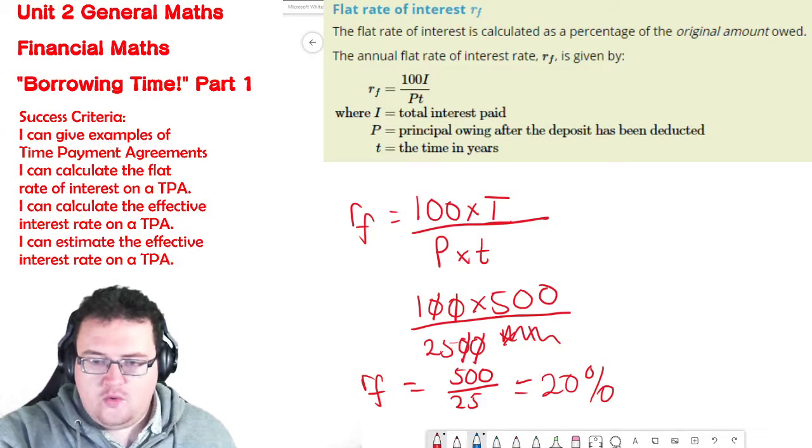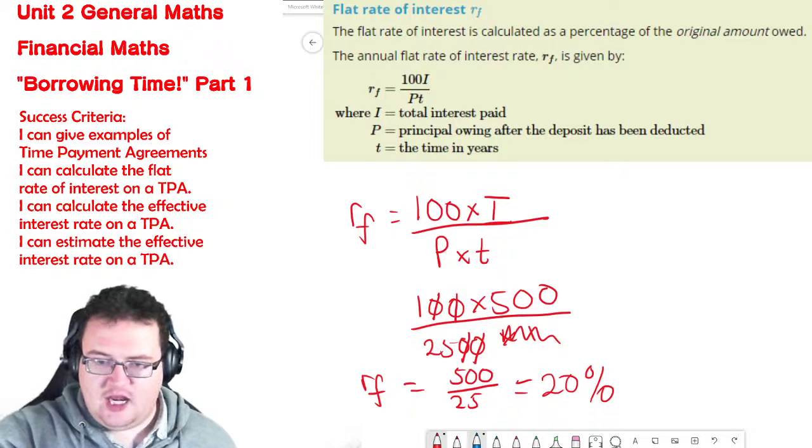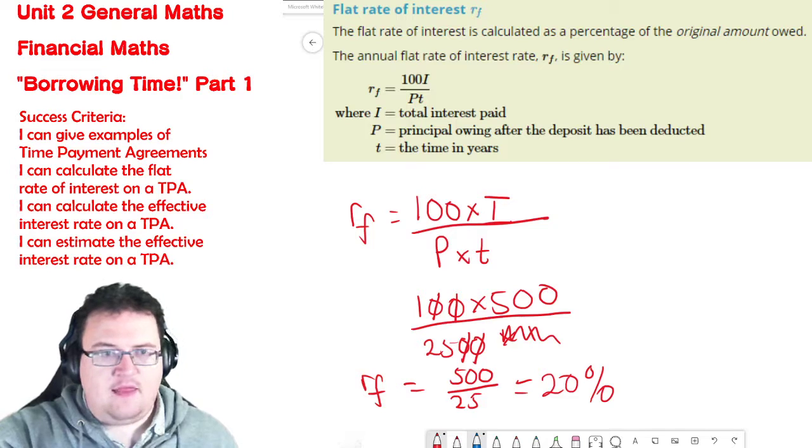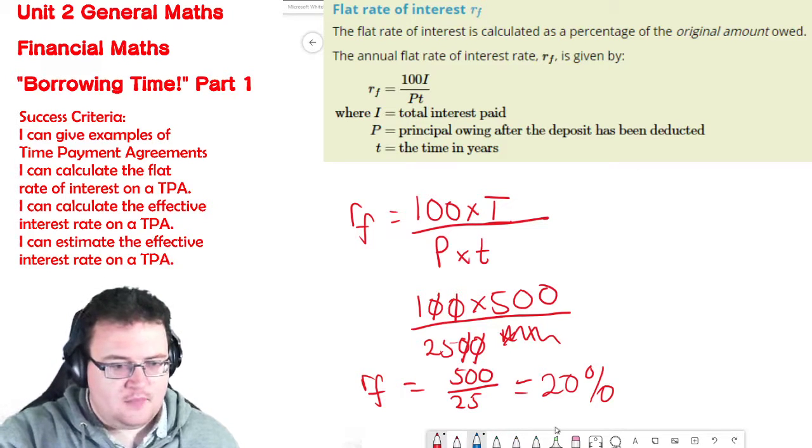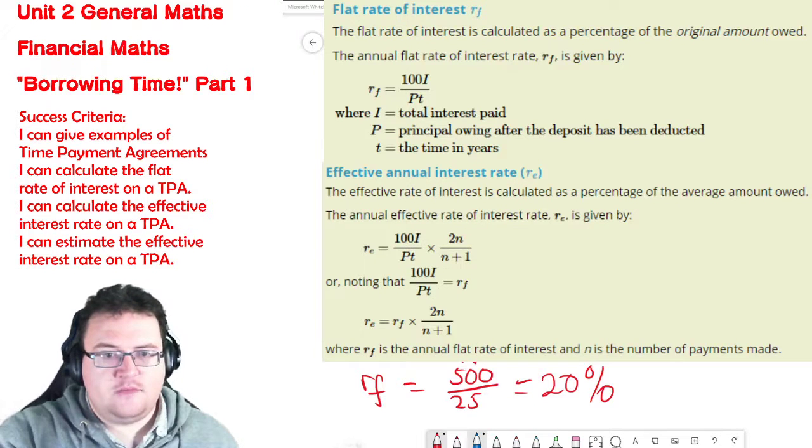So we have a particular calculation regarding our flat rate of interest. And now we have a new formula to go with the one up the top there.